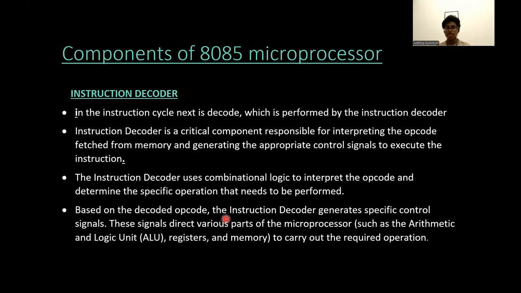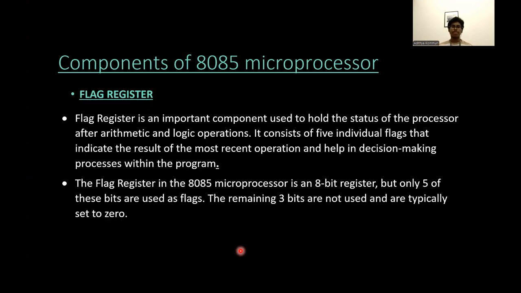Based on the decoded output, the instruction decoder generates specific control signals. The signals direct various parts of the microprocessor, such as the arithmetic logic unit, registers, and memories, to carry out the required operations.